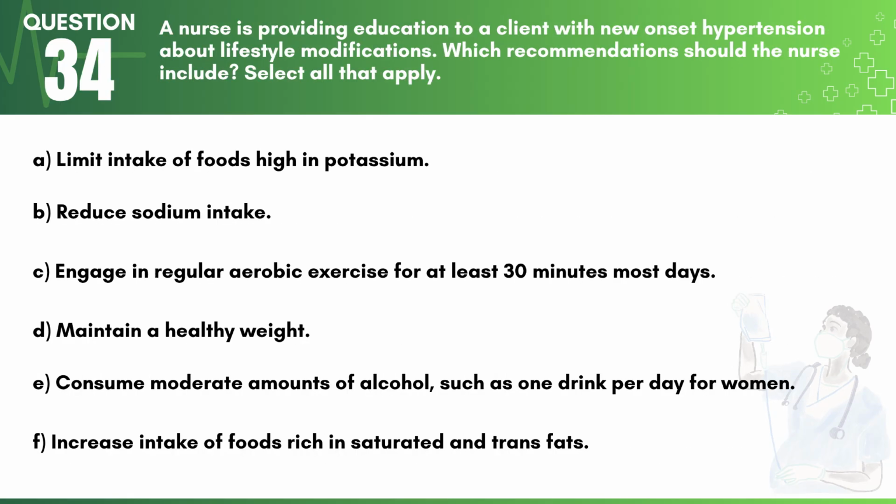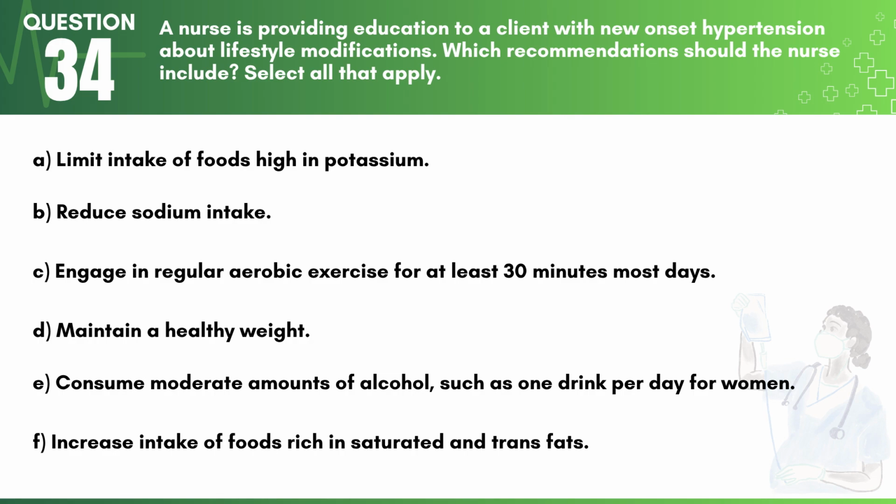Question 34. A nurse is providing education to a client with new onset hypertension about lifestyle modifications. Which recommendations should the nurse include? Select all that apply. A. Limit intake of foods high in potassium. B. Reduce sodium intake.